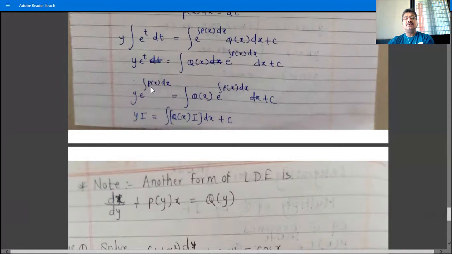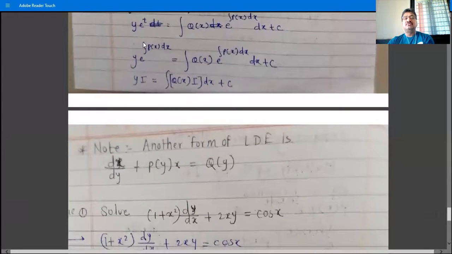So y e raised to integration P dx is equal to integration Q e raised to integration P dx dx plus a constant. Or, if we denote e raised to integration P dx as I, the integrating factor, then the general solution is yI equal to integration of QI dx plus constant.